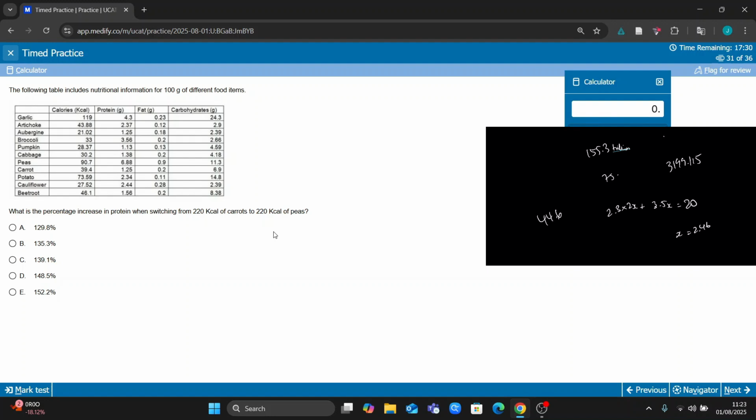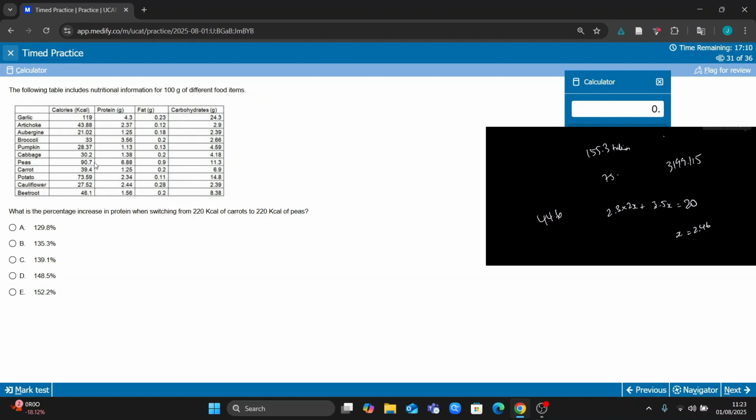What's the percentage increase in protein when switching from 220 calories of carrots to 220 calories of peas? Carrot to peas, protein increase. Well, I think relatively the amount stays the same, so it's just going to be 6.88. Oh, but it's 220. Okay, never mind.